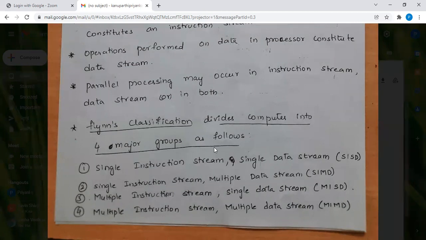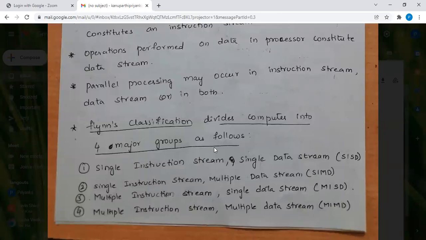The first is single instruction stream and single data stream. When you have a single instruction and single data stream, it is one to one. In discrete mathematics you might be learning about one to one mapping, one to many mapping, many to one mapping, or many to many.